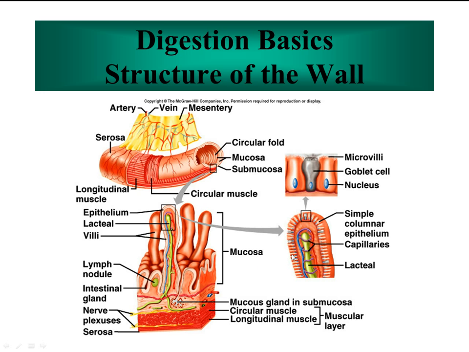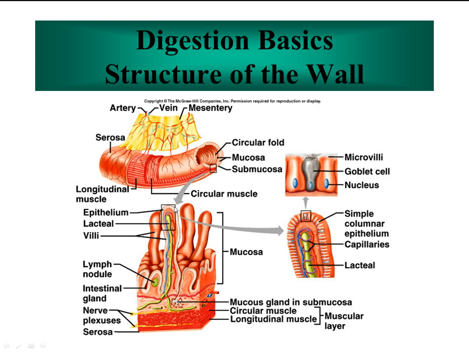And with the shape of these cells and the microvilli on top of the villi, this whole structure is known as a villus. One villi would be plural, villus would be one. It's a finger-like projection in the small intestines that helps to increase surface area for more absorption.